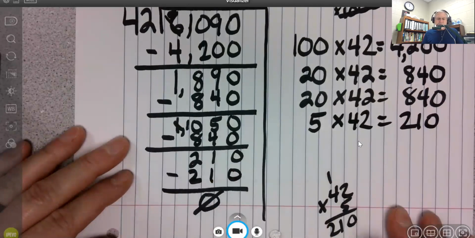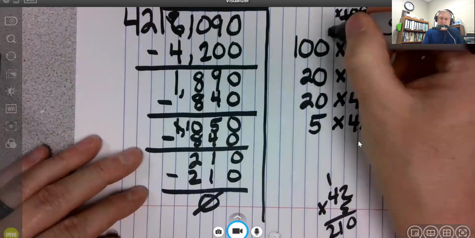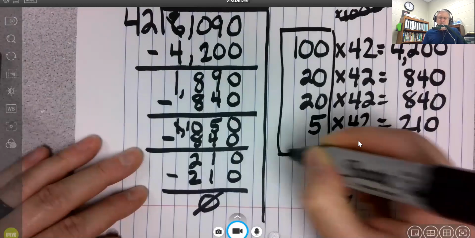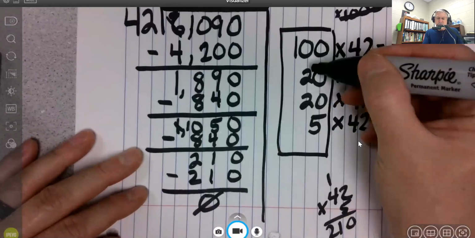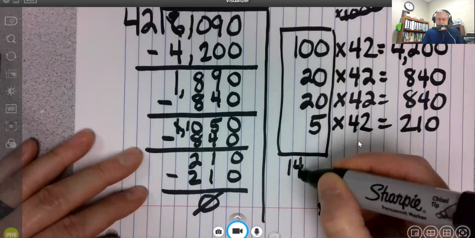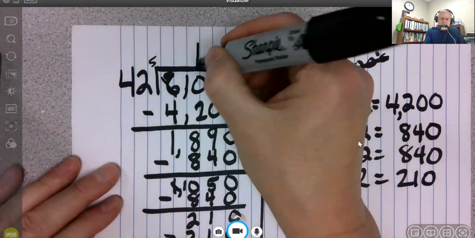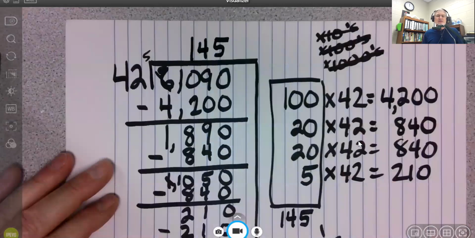So instead of adding that column that would be on the left, I'm going to add these together. That's my group that I made. So that's 100 plus 20 plus 20 plus 5, and that will give me 145, and I can put that above my division symbol.